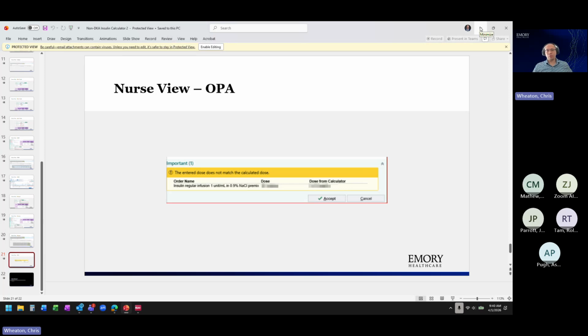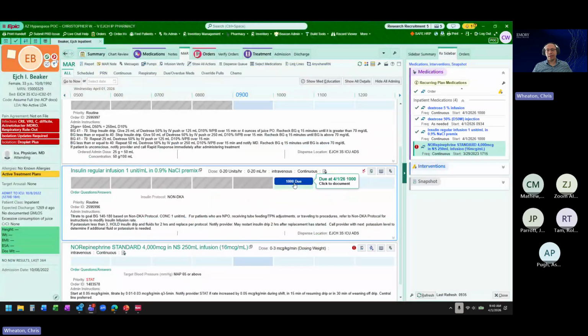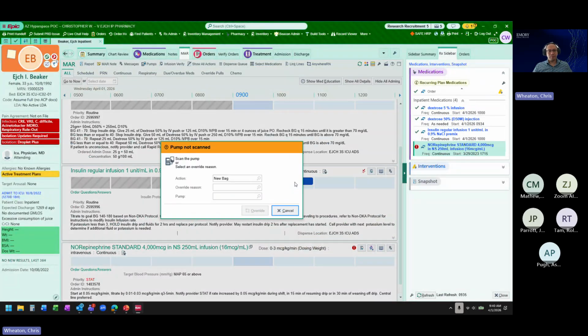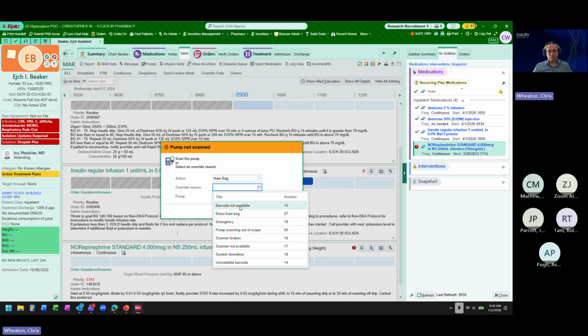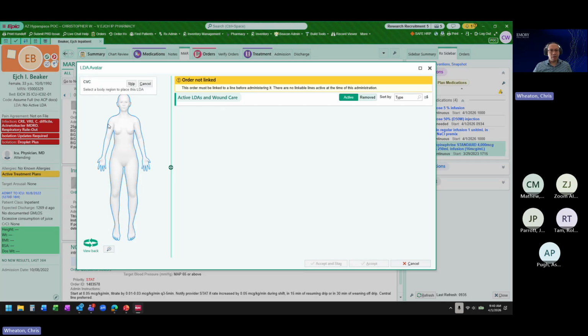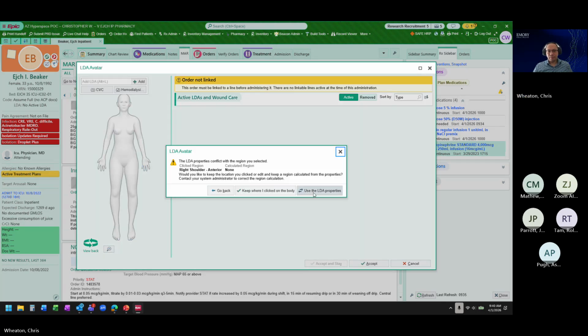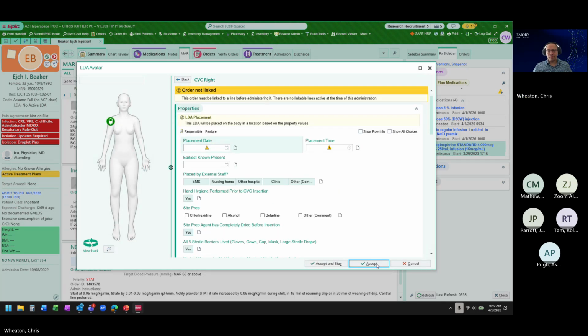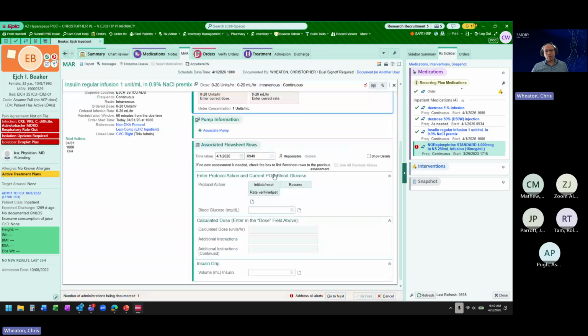So I'm going to switch over into Epic to go through a quick demo, very similar to what we had just in the PowerPoint. So starting with the administration, I do not have a pump, so I'm going to be overriding this alert. I'm just going to put in a line. And here's where we're going to initiate.